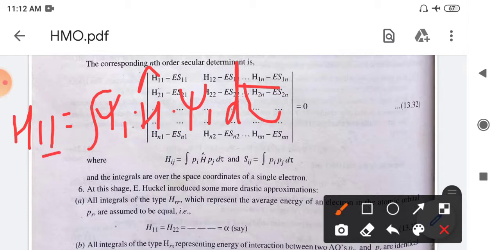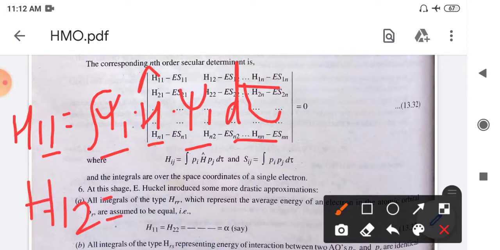H11 is nothing but the integration of psi 1 into h cap of psi 1 d tau, over the volume element d tau. Similarly, if you want to find h12, what will be the change? The integration of psi 1 into h cap into psi 2 d tau.